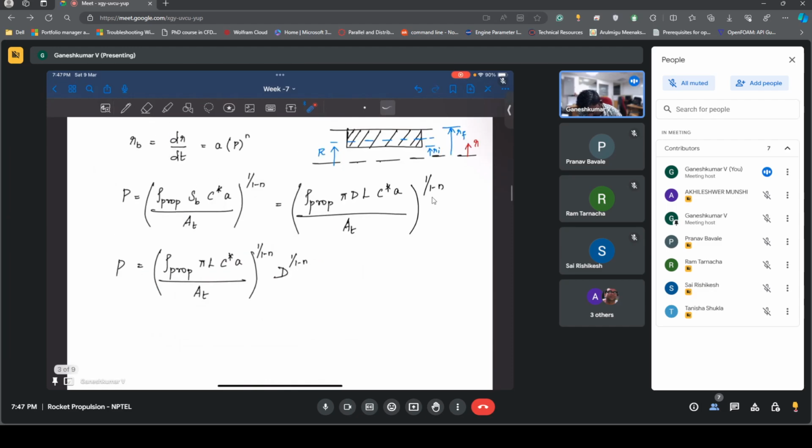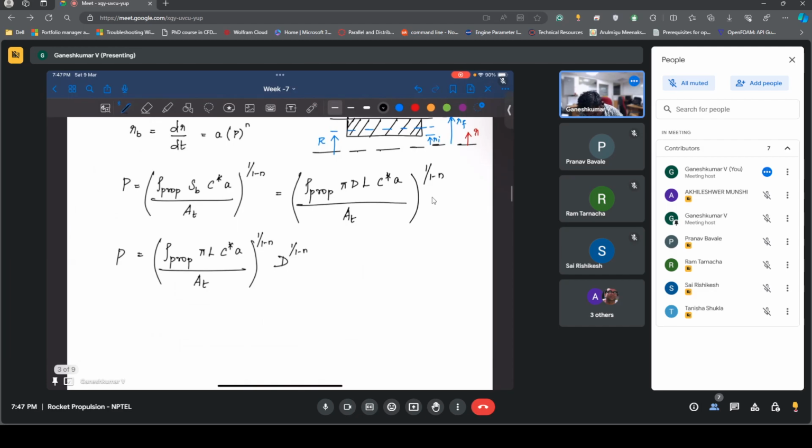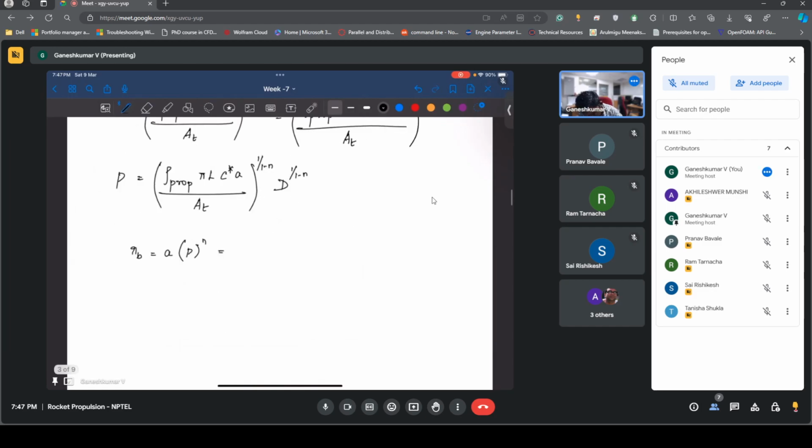And we will substitute it here. If you do that, RB is equal to A into P power n. So this becomes A into rho propellant pi L C star A divided by AT, whole power 1 by 1 minus n, D power 1 by 1 minus n, all power n.